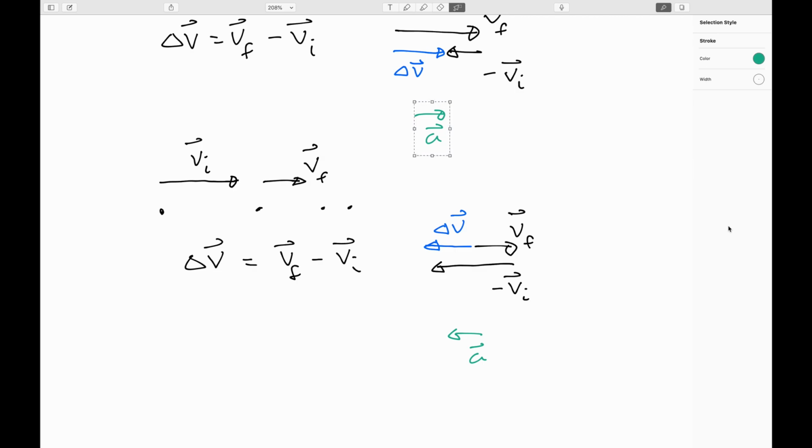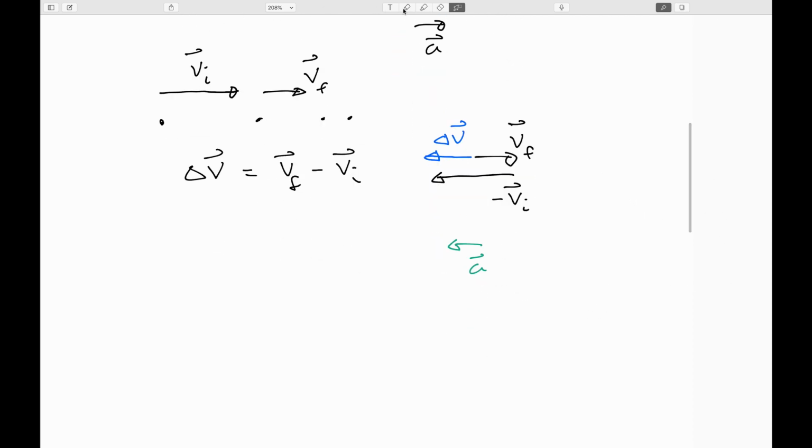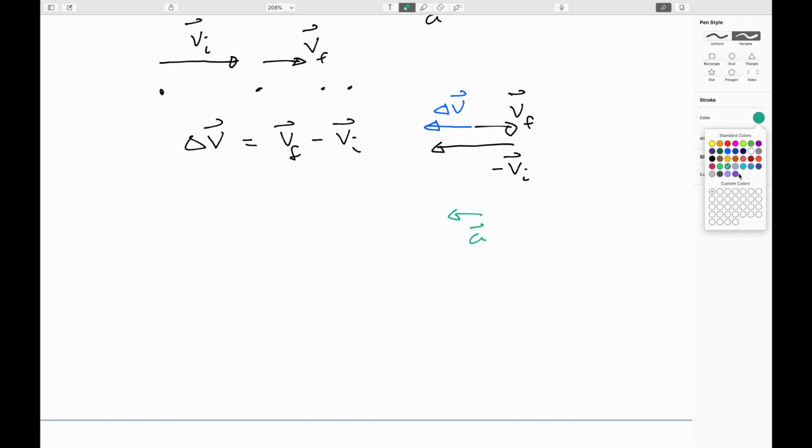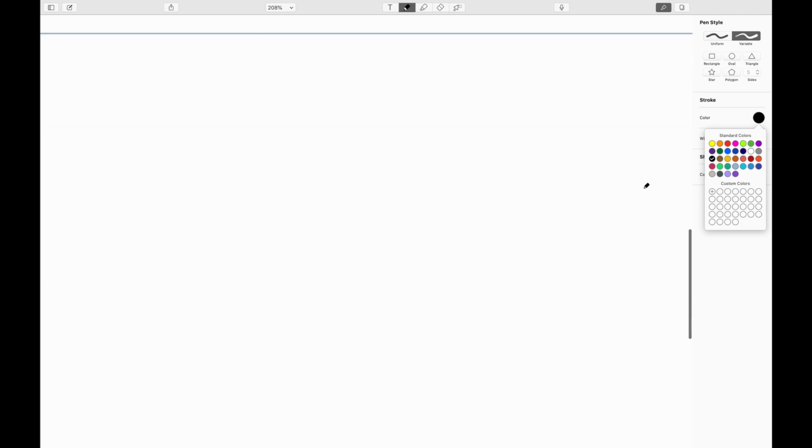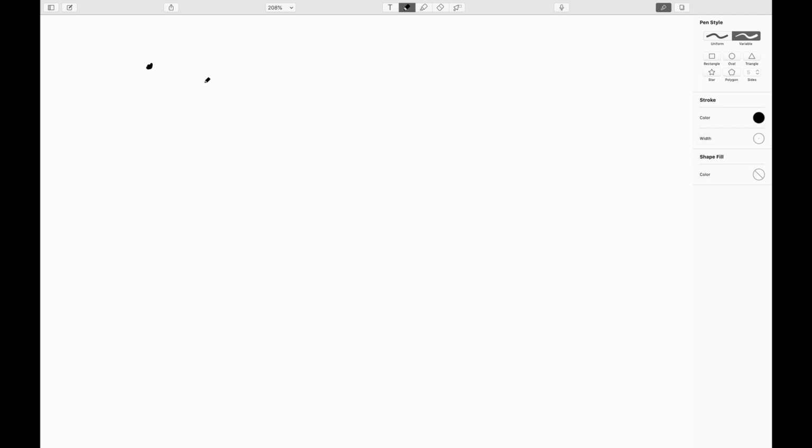But I do want to show that it can be even more complicated than that. So truly the acceleration can point any which way with respect to velocity. So let's just take a look at a case of a car going around a curve at a constant speed. So say something like this would be my v initial, and something like that would be my v final.